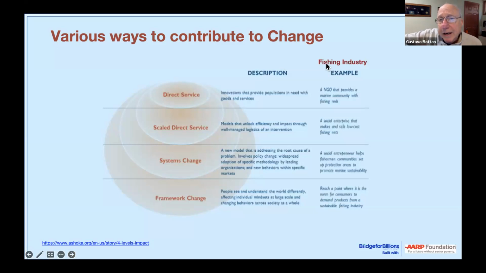So here, an example is direct service. Many of us, when we start our direct services, it's an NGO that provides a marine community with fishing rods.